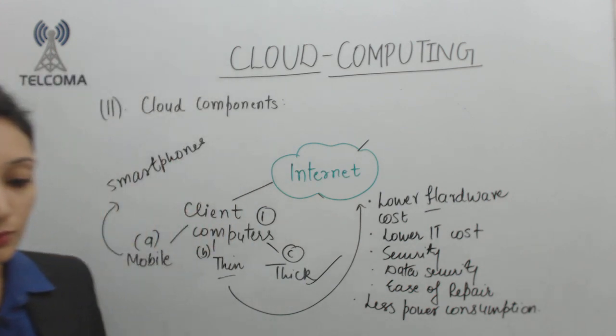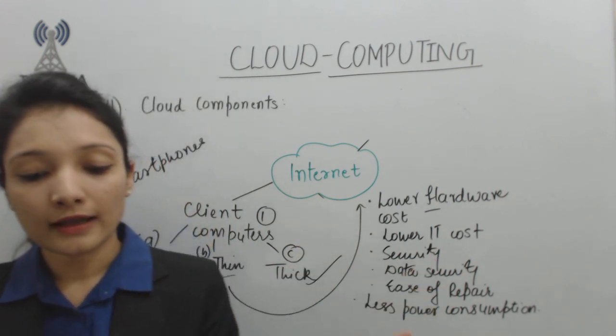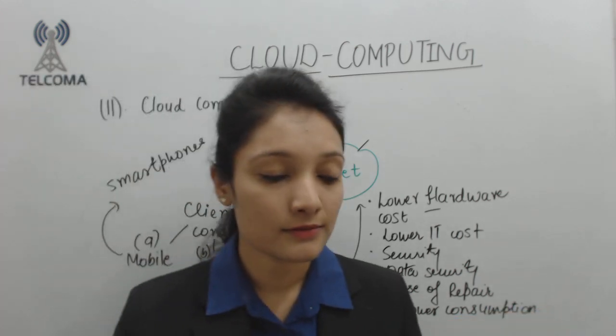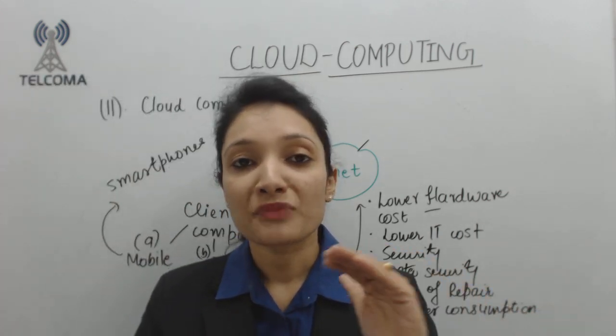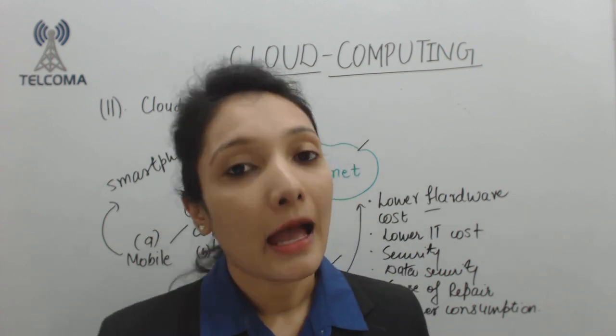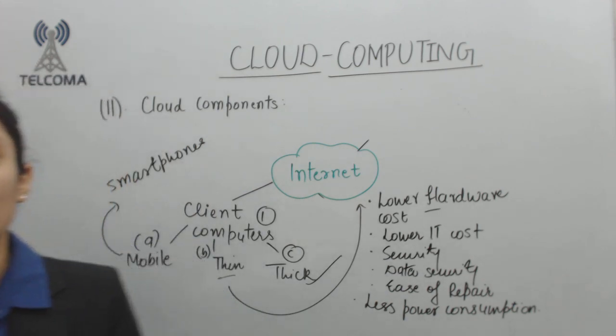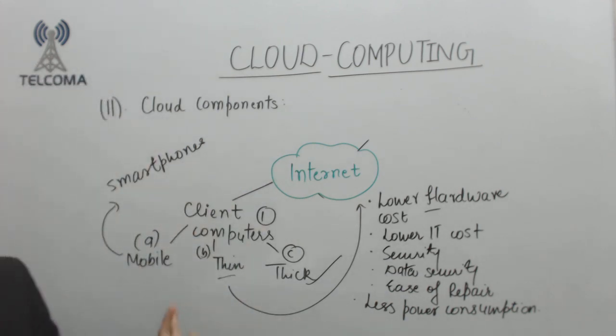These are the factors which make thin clients more popular as compared to the thick clients, because thick clients are the regular computers, the regular system of accessing the network. That means the internet services with the help of a web browser, and then you can access the various applications over there. So this was the first component for your cloud systems, which was your client computers.